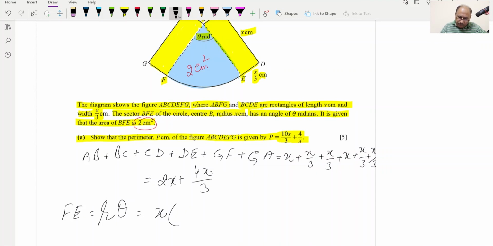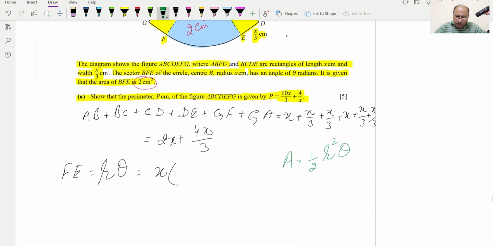For that we know that area is equal to 1 by 2 r squared theta. So area is provided, which is 2 centimeter squared. We can write 2 is equal to 1 by 2 r squared, which is x squared, and theta. So we can find this will be 4 over x squared is equal to theta.